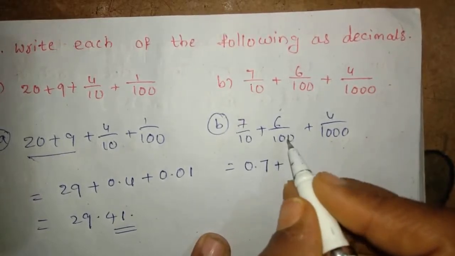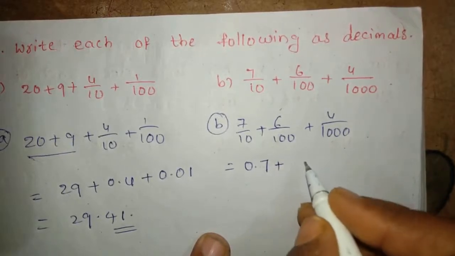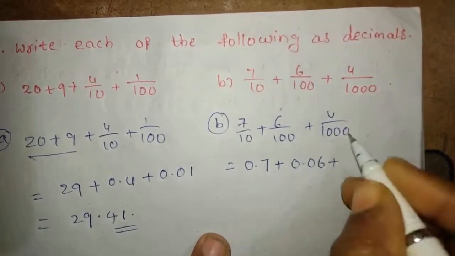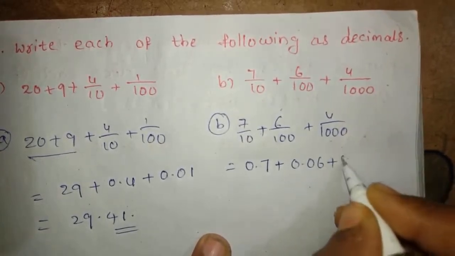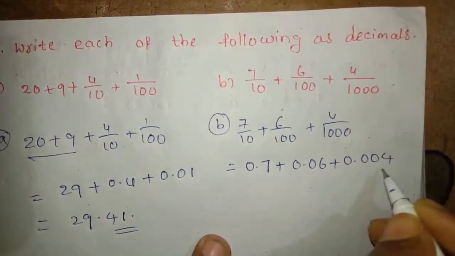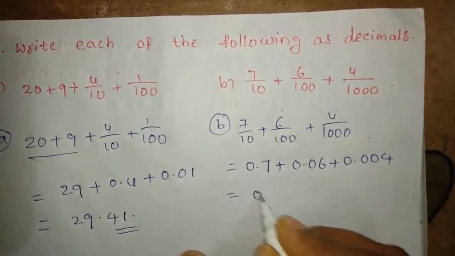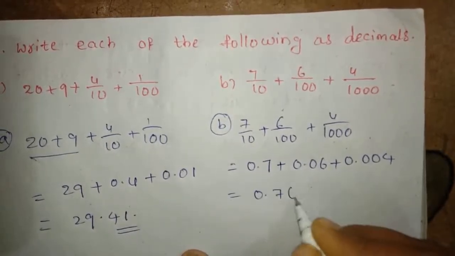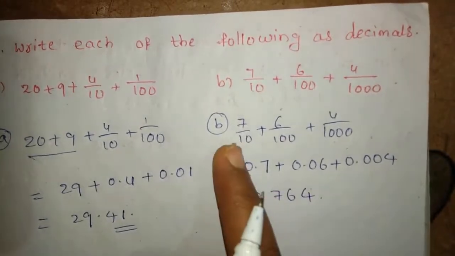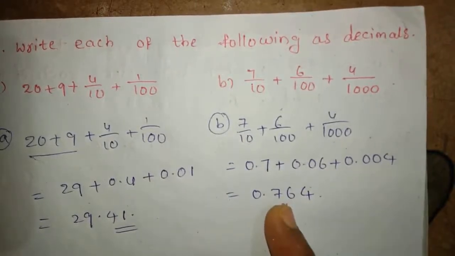Now this can be written as 6 hundredths, so 0.06. Now this changes into 0.004. Why? Because this is the thousandths place. Now this can be written as 0.764. Okay. First change these and write like this.